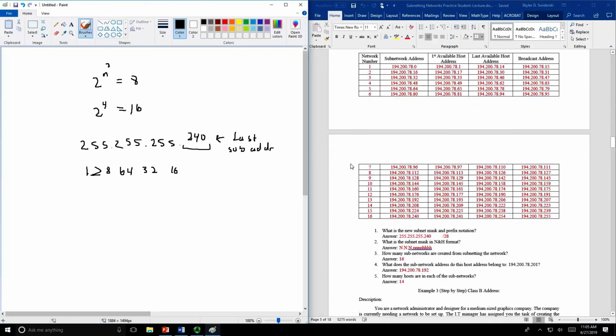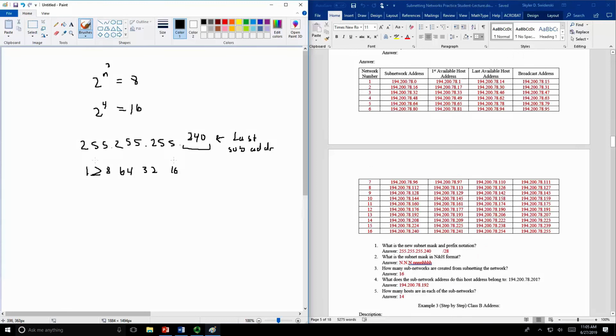And since we took the 4 bits, the last bit that we took was 16, so it increments by that number, 16. So looking here, it starts at 0, next one 16, 32, etc. and ends at 240.